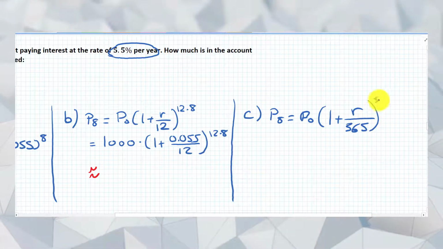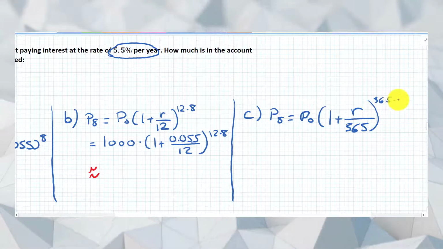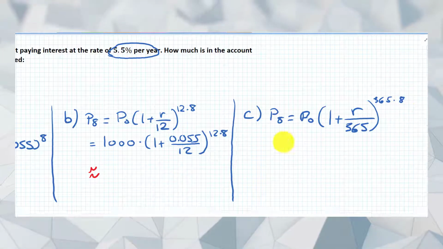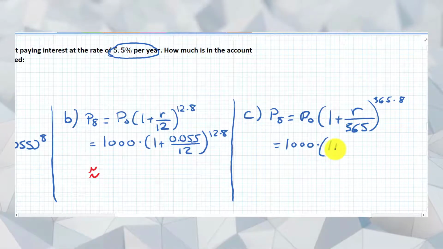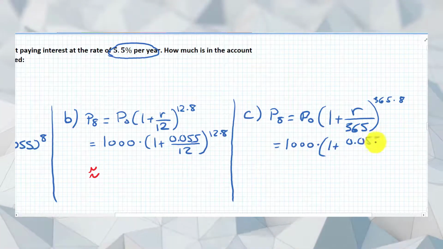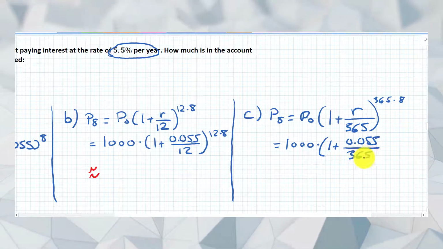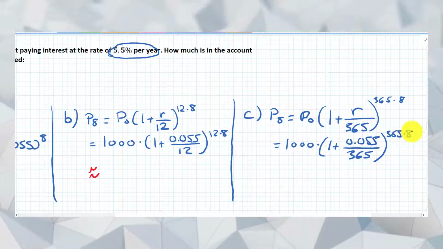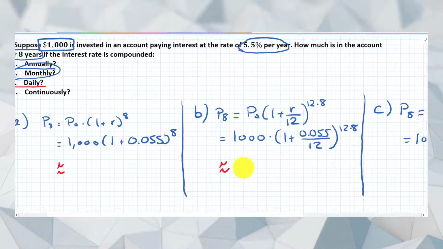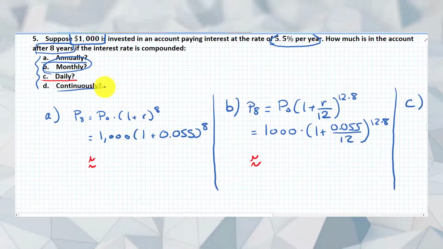Yes, but on the other hand, you are raising that to a very, very large power, right? And so in the problem, it is 1,000 times 1 plus 0.055 divided by 365 to the power of 365 times 8. And finally, we compound continuously.